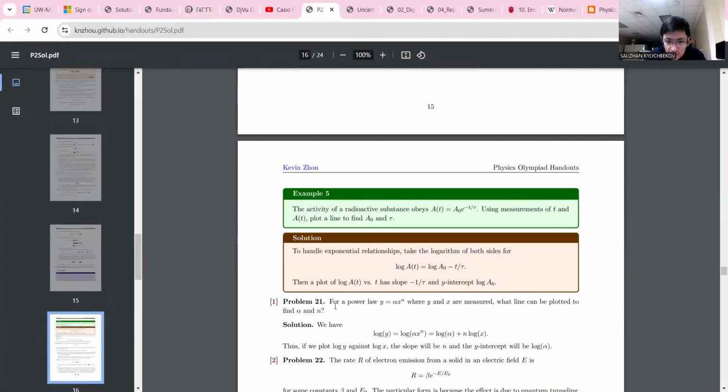For a power law, where y and x are measured, what line can be plotted to find alpha n? Alpha n энди табыш үчүн кантип линеарайз кыласың дейт. Ну, по идее, power law деле тоже логарифма кете берет экен. Логарифма y is equal to логарифма of this is equal to logarithm alpha plus n logarithm x. Instead of for power law да мен жанагы радикал деле алдым, ал деле туура.